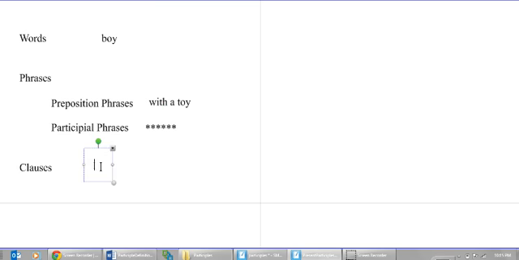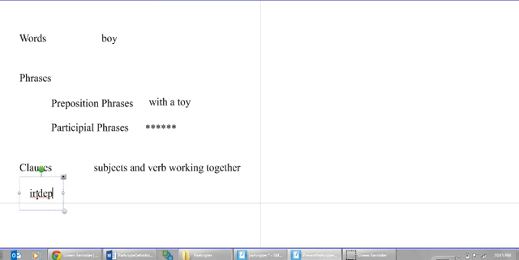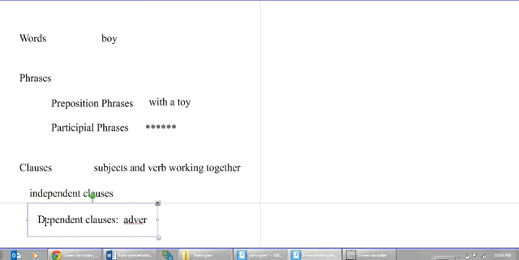And then, of course, you know you have clauses, and clauses are subjects and verbs working together. And at this point, you know we have independent clauses, we have dependent clauses, adverb, adjective, and noun.